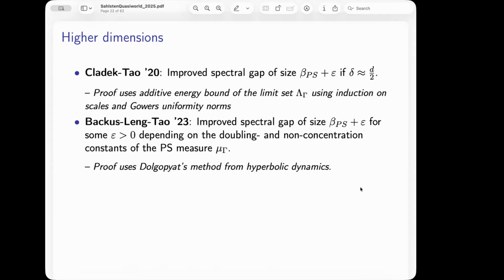I guess there could be examples where the Patterson-Sullivan measure puts a lot of mass in a lower-dimensional part of the space. I don't understand that completely yet, as I'm still learning this high-dimensional theory, but you can construct some crazy groups that could do this in high dimensions. That's why they need to impose this assumption.